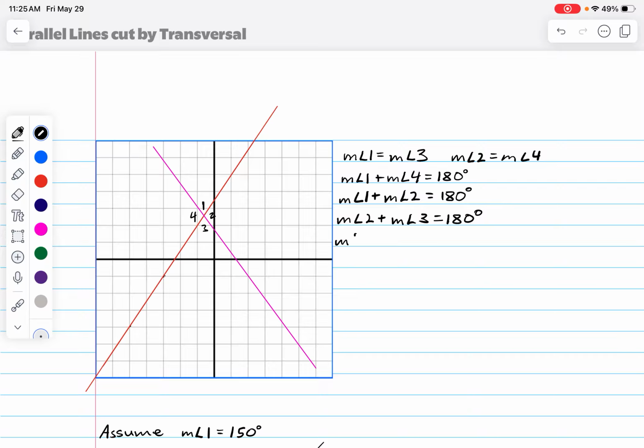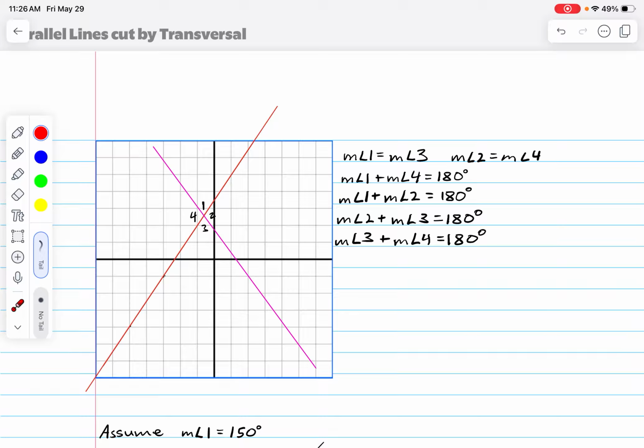And the measure of angle 3 plus the measure of angle 4 equals 180. In other words, we've got these two angles, these two angles, these two angles, and these two angles. All of them add up to 180. The pairs are all supplementary.